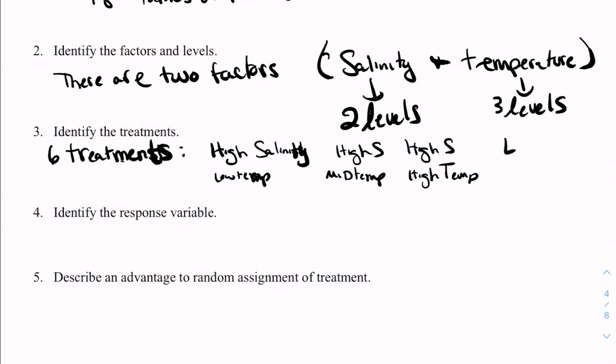And then we'd also have it repeat: low salinity, low temp, low salinity, mid temp, and low salinity, high temp. 1, 2, 3, 4, 5, 6.